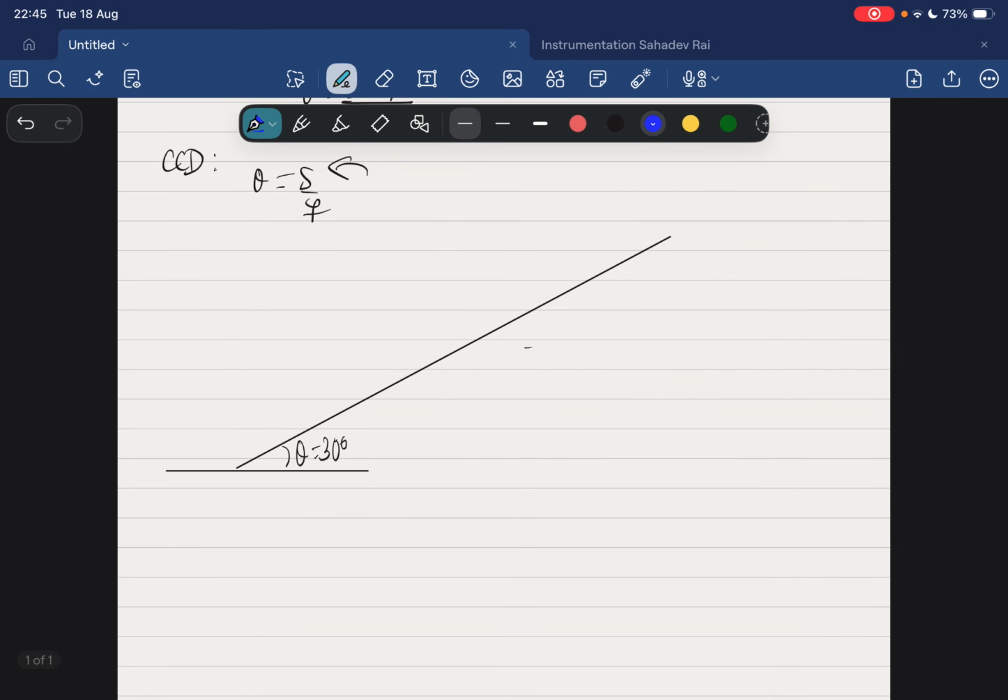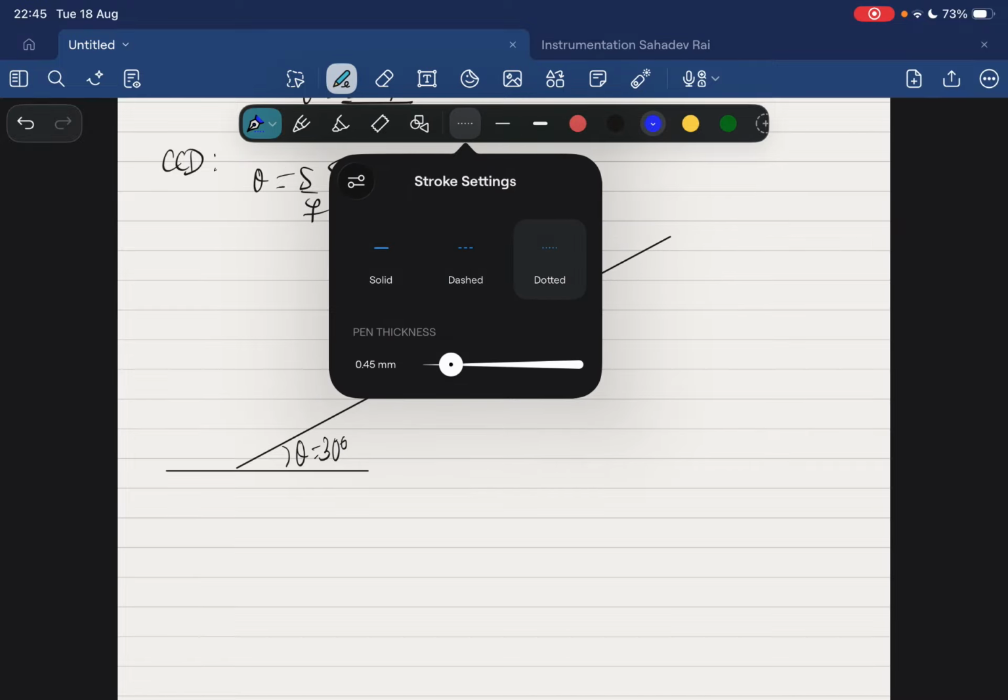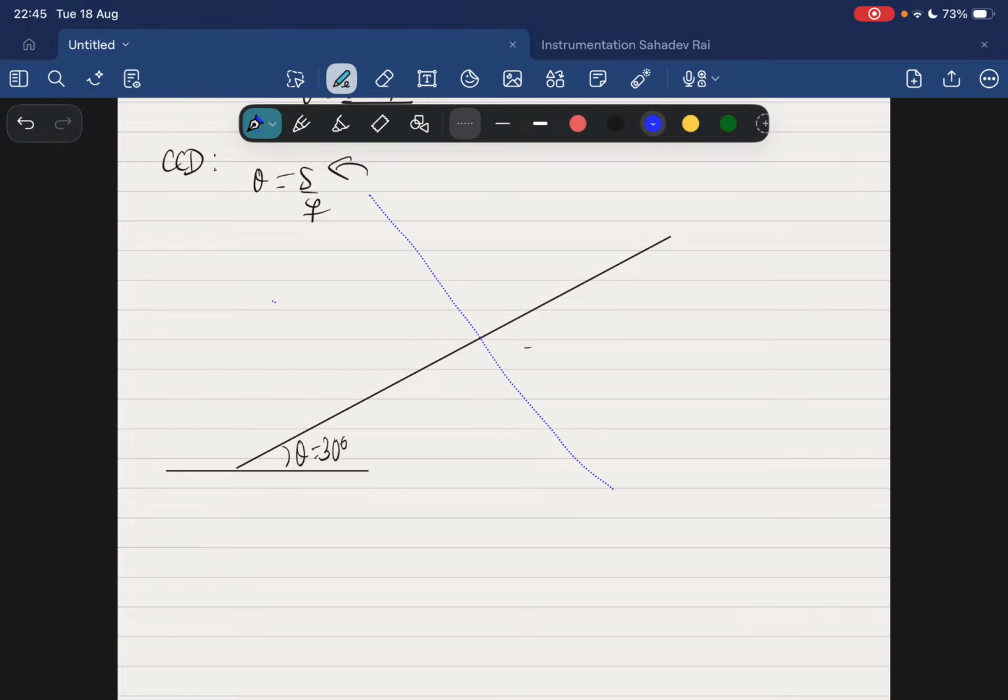Also, let's make a dotted line, which is the normal right here.